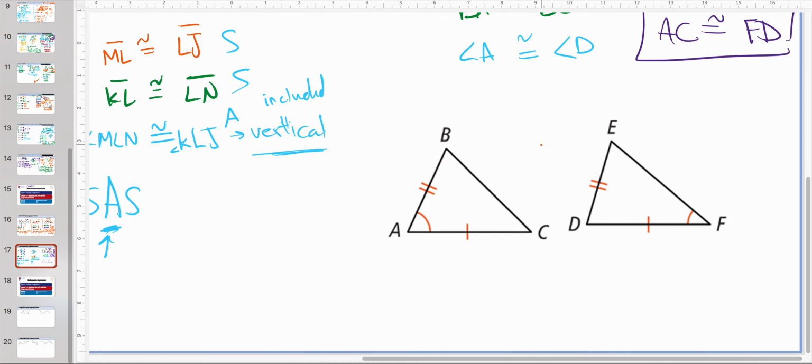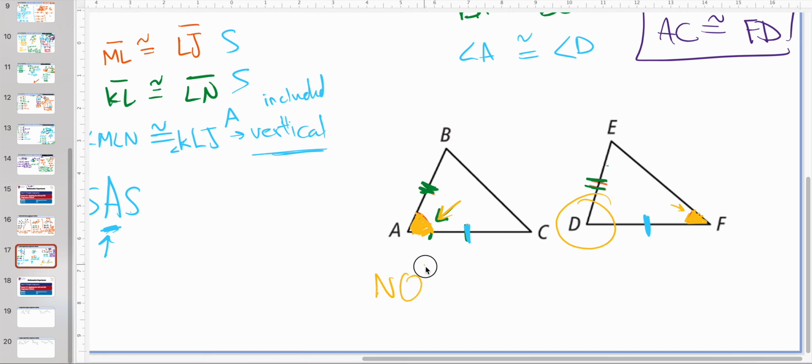Anyways, now looking at these two triangles, this triangle, we have this side, and the angle is included. So we have two set of equal sides, the green ones, again two set of equal sides, the blue ones, and the angle here, it's included, but here it's outside, it's not included, it should be here. So are they congruent?